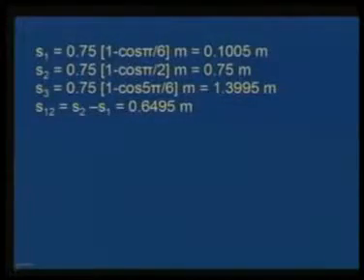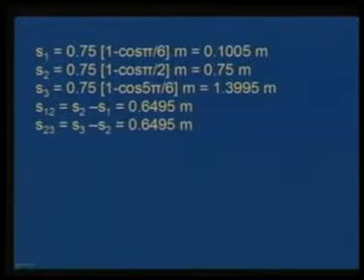Now we have decided the 3 accuracy points corresponding to the fork point B, namely at B1, B2, B3, both analytically and graphically. And we have got S12, that is S2 minus S1, as 0.6495 meter analytically, and in the drawing we got it to some scale.